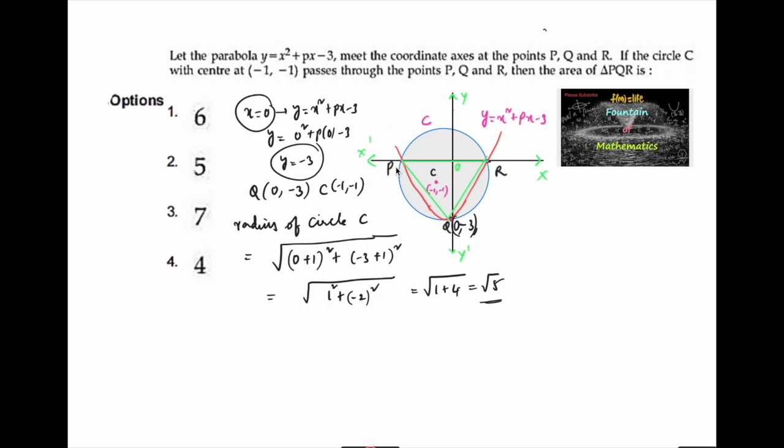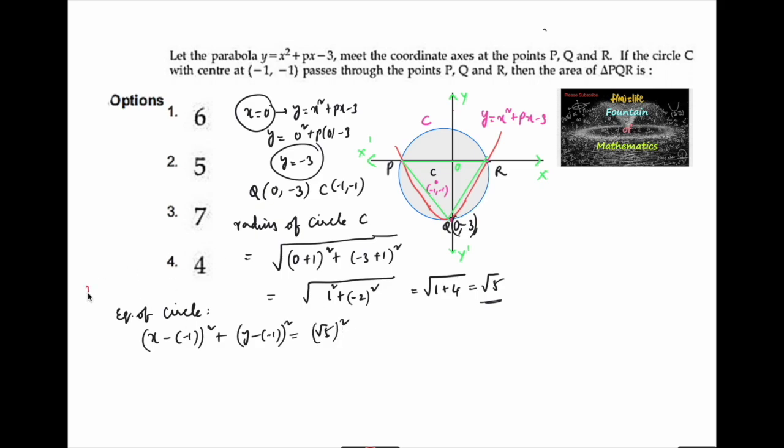And now for the points P and R, the equation of the circle, we can write x minus of minus 1 whole square plus y minus of minus 1 whole square is equal to r square, that is root 5 whole square.